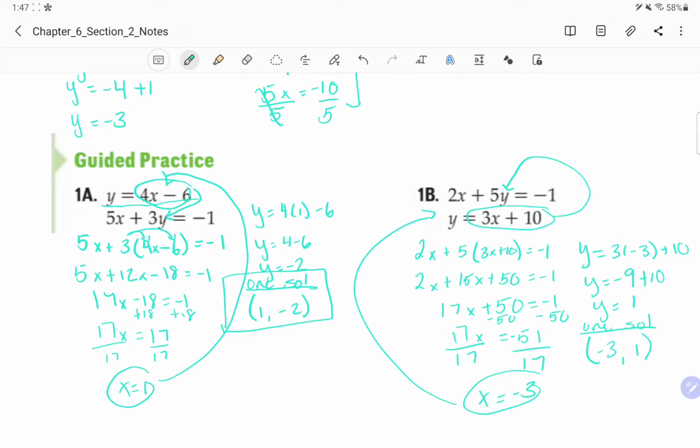You subtract over your 50 and then divide by 17 and you'll get x is equal to negative 3. Then you take your negative 3 and you plug it back in up here for 3x plus 10 and you'll get that y is equal to 1. So then you have one solution because you have a coordinate pair and your solution is at negative 3, 1. Okay?